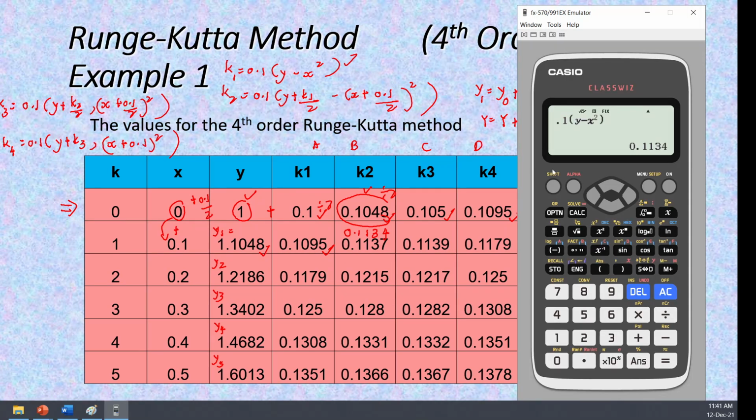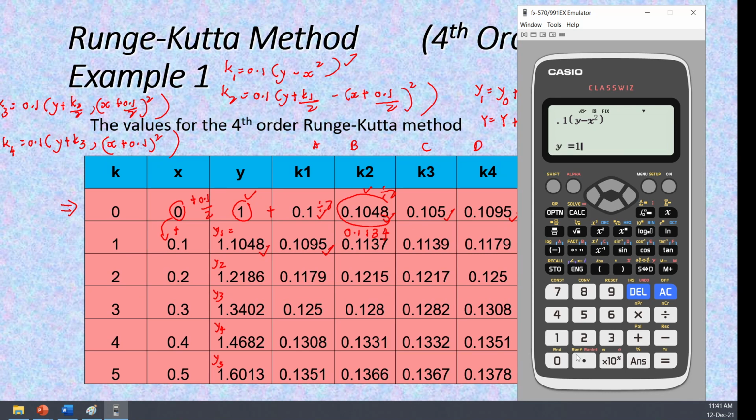Because using this technique, the y we put in keeps more than 4 decimal places, so for the answer here from Excel, I think I should round it to 4 decimal places. So to calculate K3, y is actually y plus K2 divided by 2.